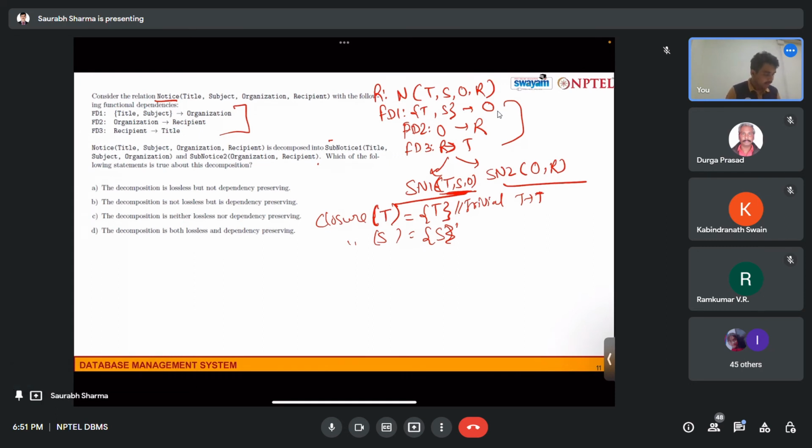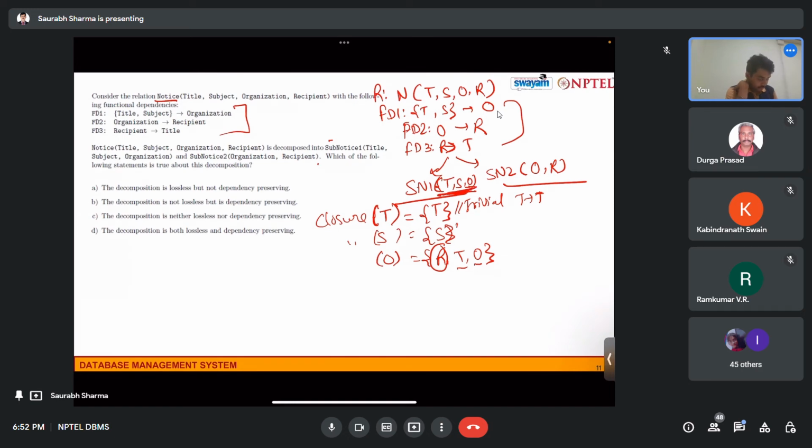Next, coming to O, the third one, from O we can go to R. From R we can go to T, and from T we cannot go individually anywhere, and from the trivial one we can get O. Now we have T and O, but we will not have R because R is not in this SN1.